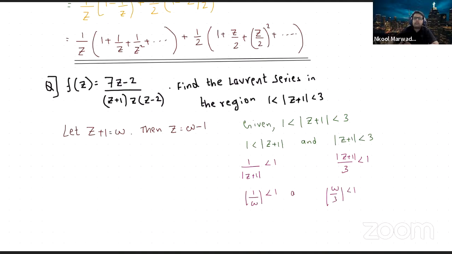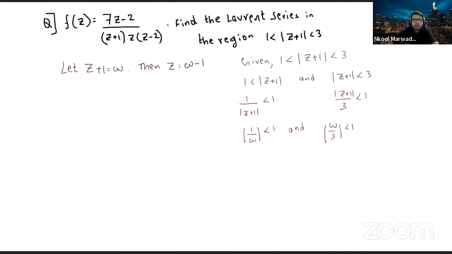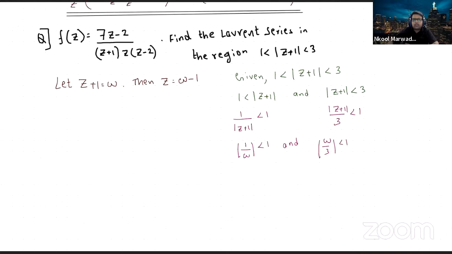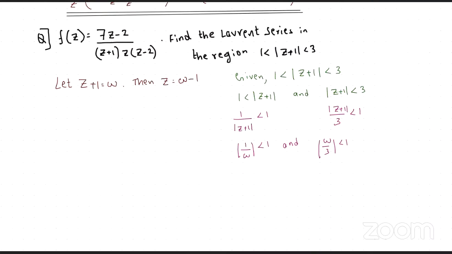So this interval we get. So now we can convert this into the form of omega, where the interval is also one. And before that, we can do one more thing. We can break this function into partial fractions. Then we are good to go.